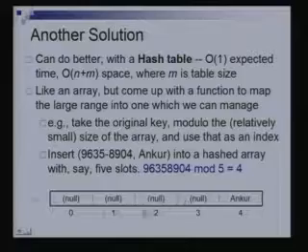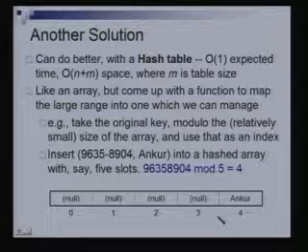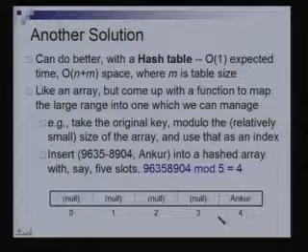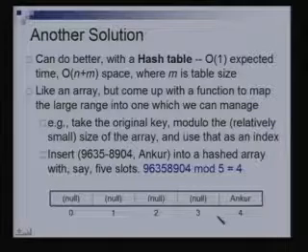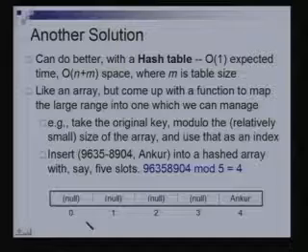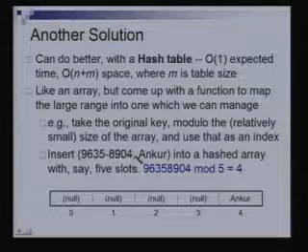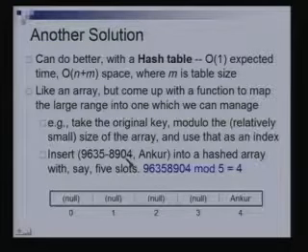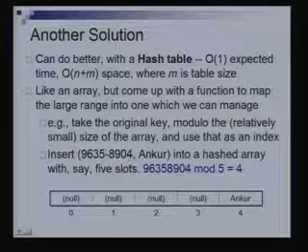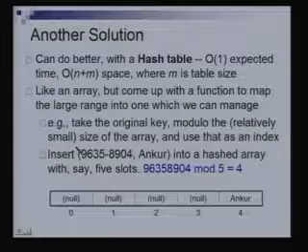Let us say in a hypothetical setting there were only a small number of users. I was only trying to keep the phone numbers of 5 of my friends, but I still wanted to do something fancy. So, I create an array of 5 elements, and what do I do? I take Ankur's phone number and I compute this value modulo 5, which is the size of my array. So, I get a number between 0 and 4, yeah, 0, 1, 2, 3, 4.